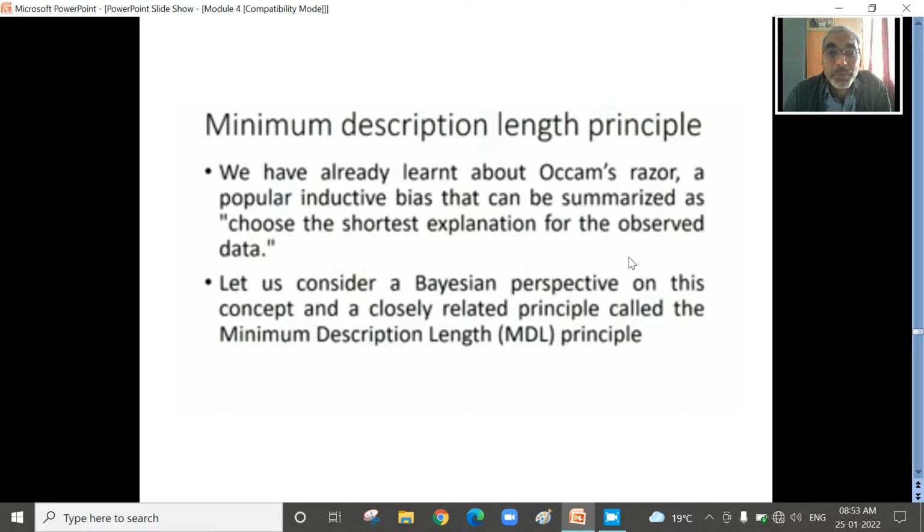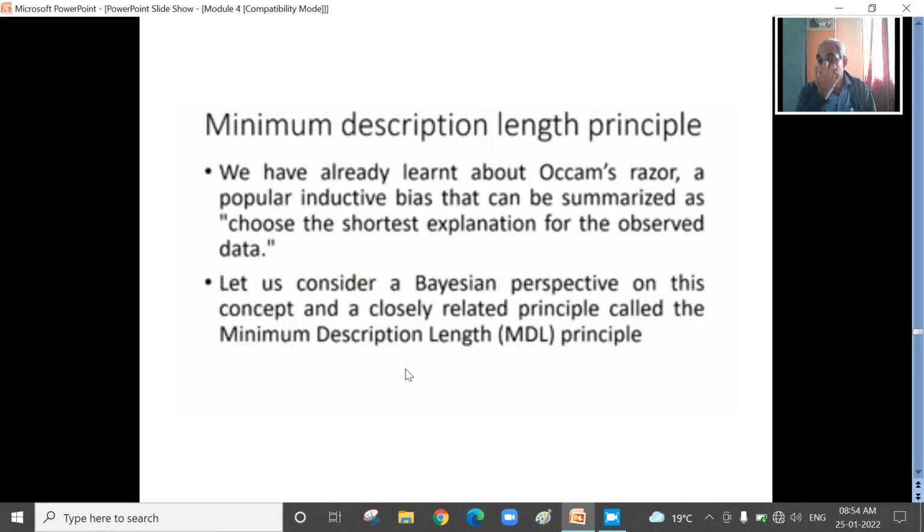Now let us consider a Bayesian perspective on this concept and a closely related principle, which is called the minimum description length principle. Just like we had Occam's razor when talking about decision trees, where we said always try to select the tree which is very small, when we consider a Bayesian perspective of this concept, we obtain something similar, called the minimum description length principle.